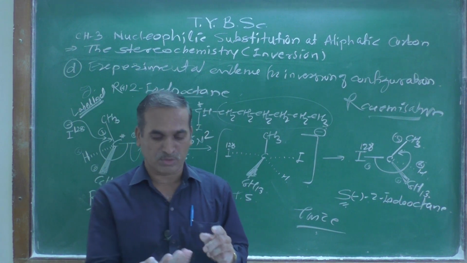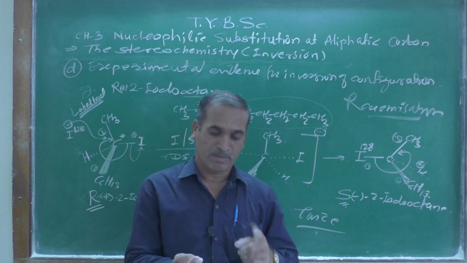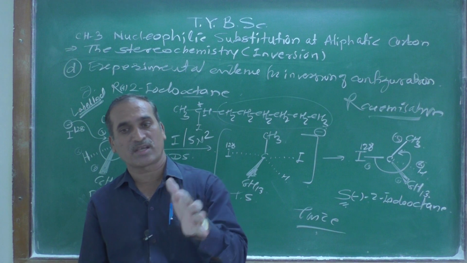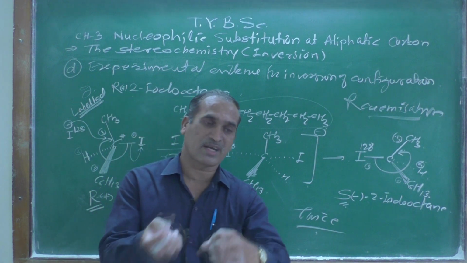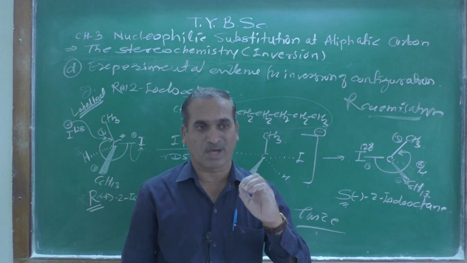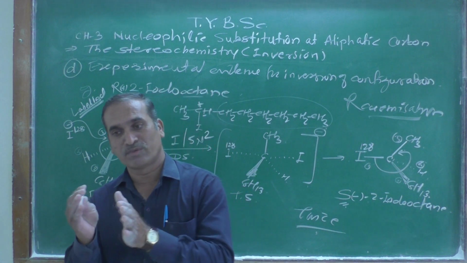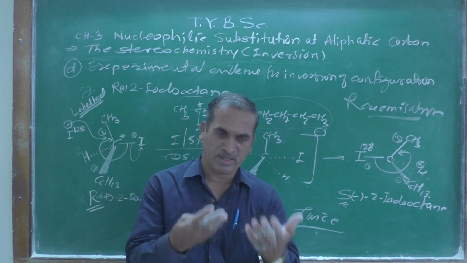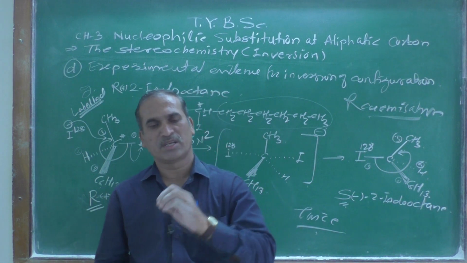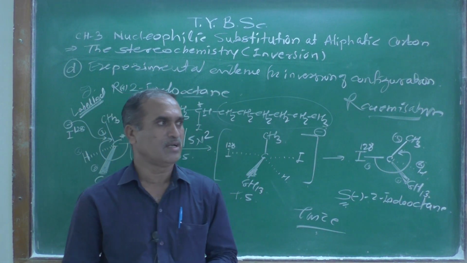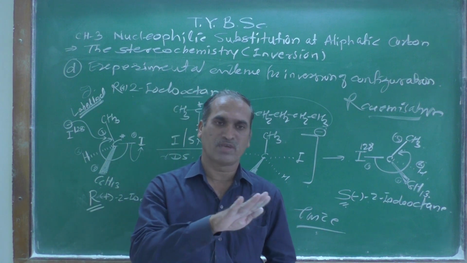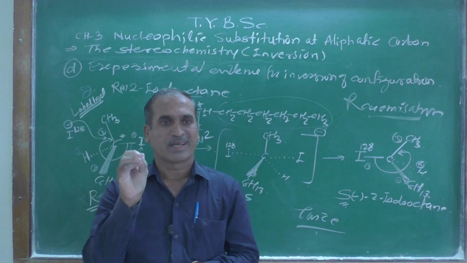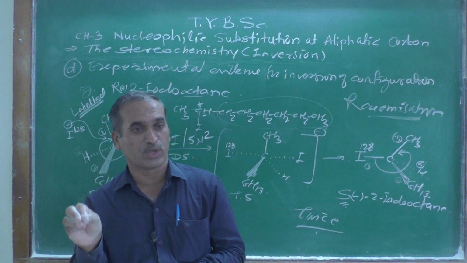The nucleophile approaches in different ways, backside attack, front side attack. Why backside attack is favorable, and why front side attack is difficult or remote. Then we have seen the experimental evidences in a 3-step as well as in a single step. In this way we have completed all the points regarding the SN2 reaction.